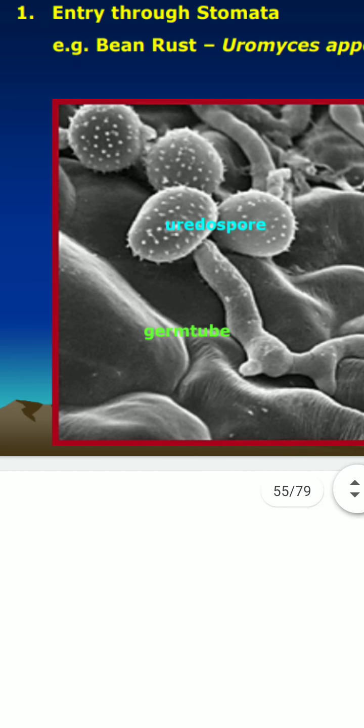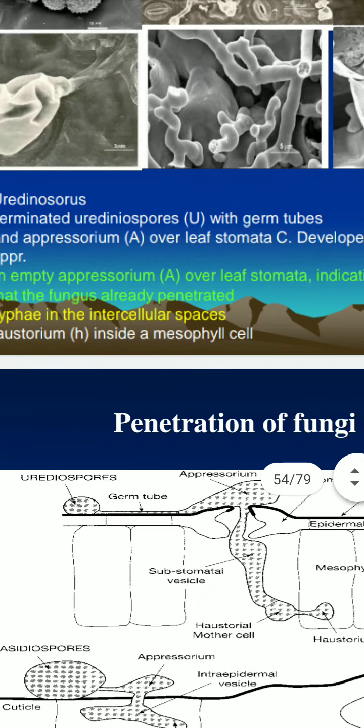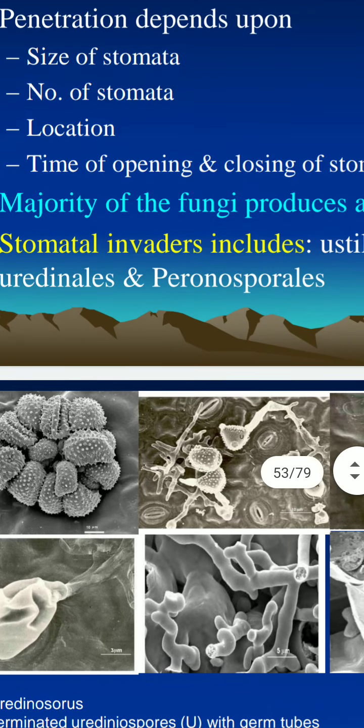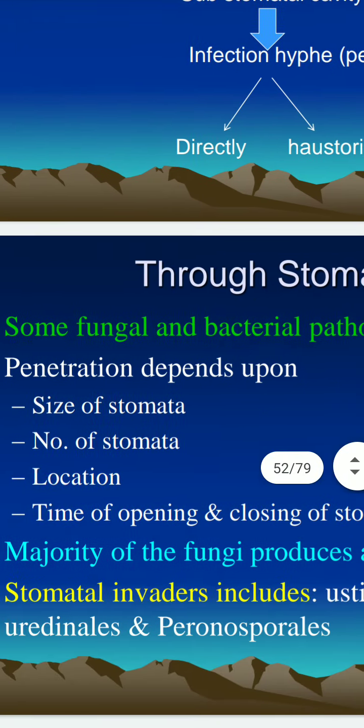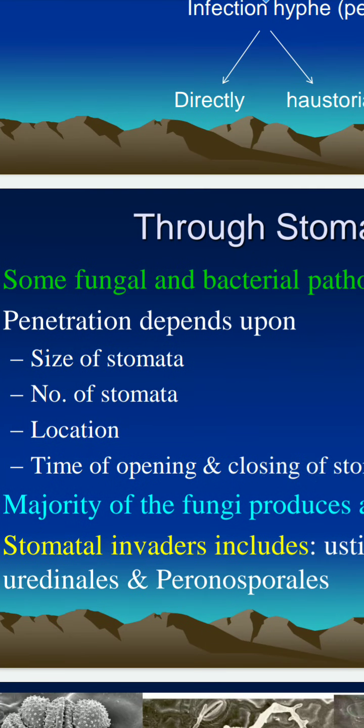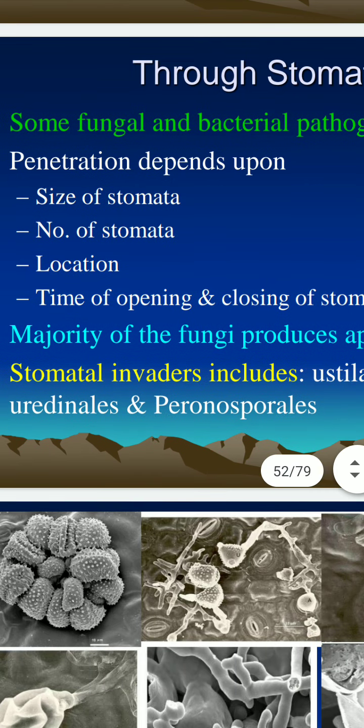Some fungal and bacterial pathogens enter the host through these natural openings called the stomata. Penetration also depends upon the size of stomata, number of stomata, location of the stomata, and time of opening and closing of the stomata.